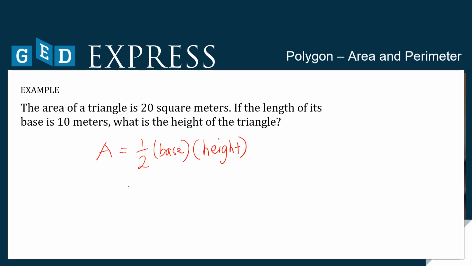Again, we are going to plug the given information into the area formula. So we have the area is 20, then we have 1/2, the base is 10, and height, I'll put h for the height because we will be looking for the height. Now you can use algebra to find h by simplifying.